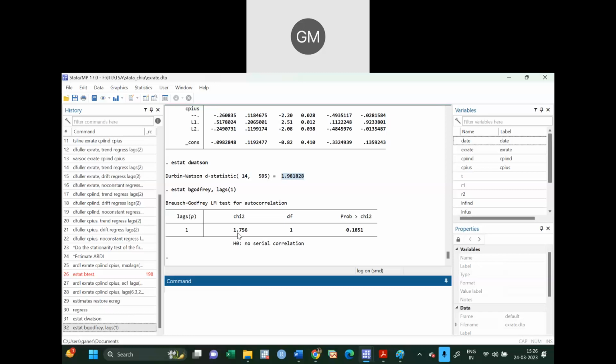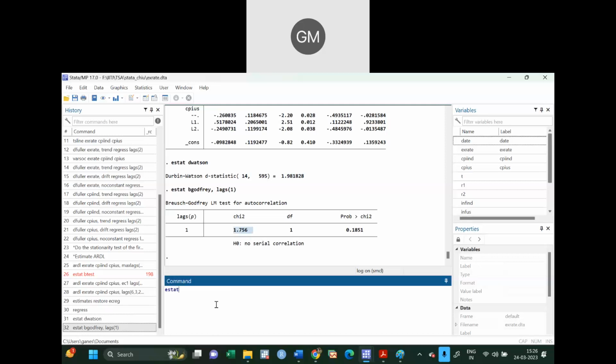And then you find the test statistic value 1.76, p value is 0.18. So a very high p value. The null hypothesis is no serial correlation. So you do not reject the null of no serial correlation. So we confirmed from Breusch-Godfrey that there is no serial correlation.